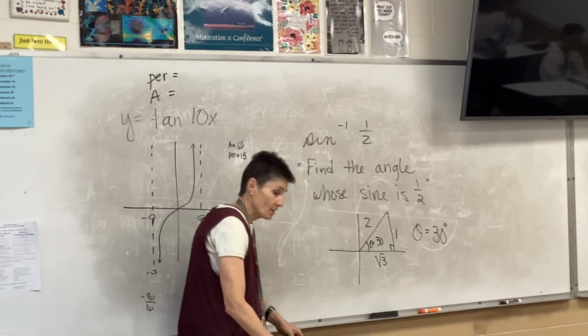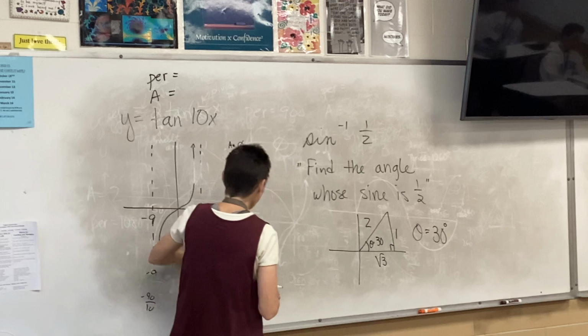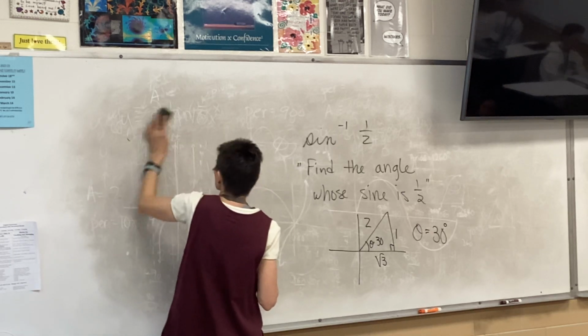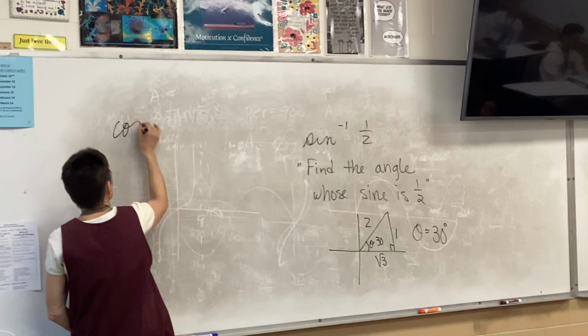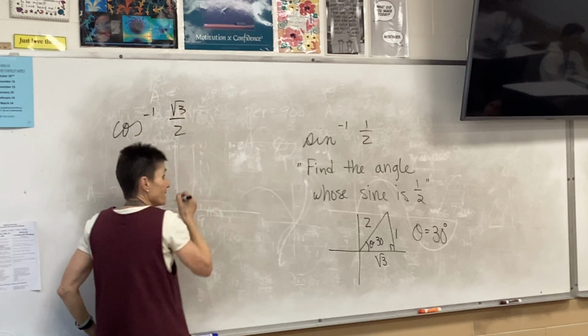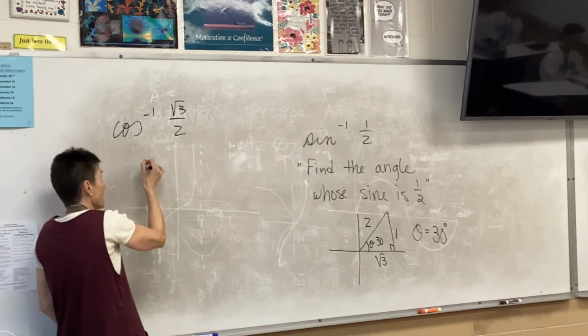All right. Cosine. Find the angle whose cosine is √3 over 2. So you're finding the angle.